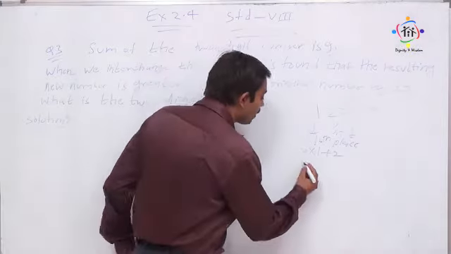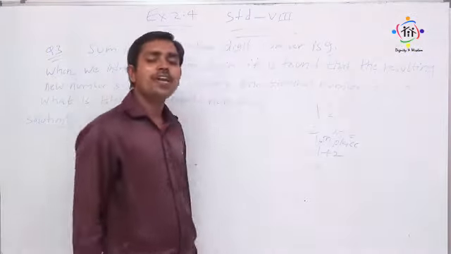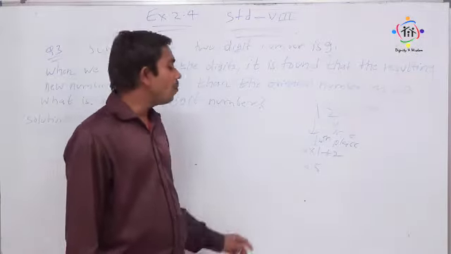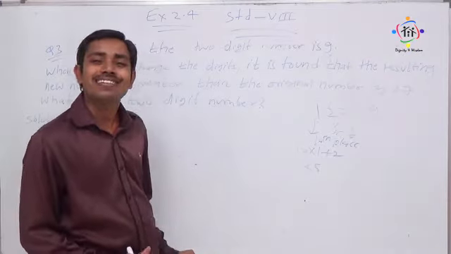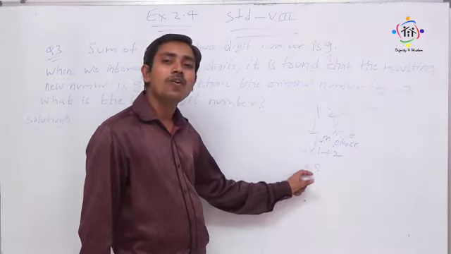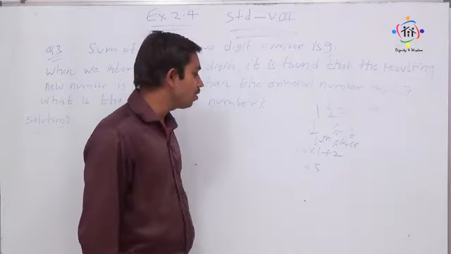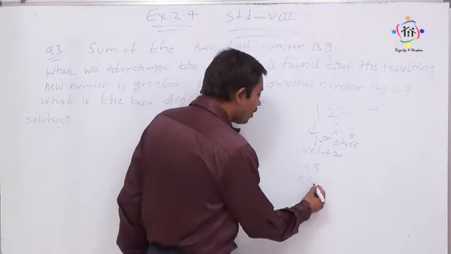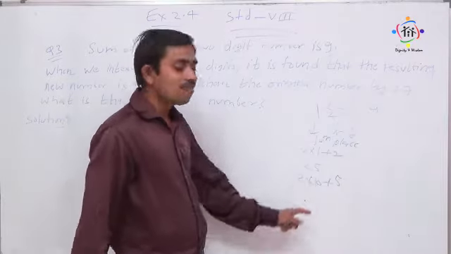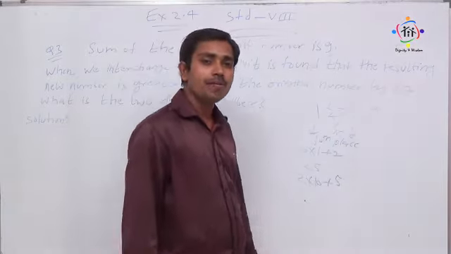For example, you can take another number, 25. How can we write 25? How many digits are there? There are two digits, at the unit place and the 10th place. Is it clear, my dear students? So we can write 2 into 10 plus 5. 2 tens are 20, plus 5 is 25. Am I right?